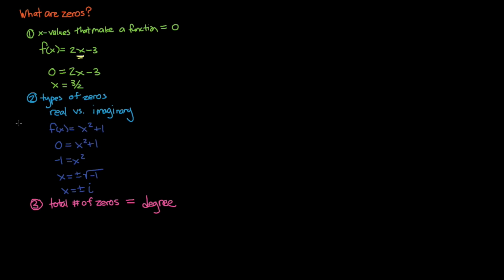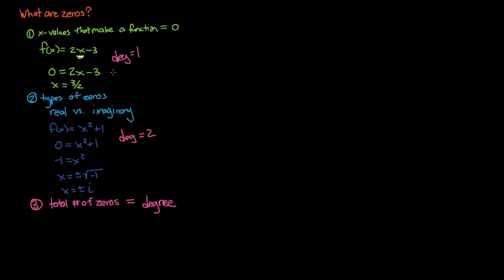So in this function here, the degree equals 2. And over here, the first example, the degree there, we don't write it in, but it's x to the first power, so there the degree would be 1. This would be a linear degree, this would be a quadratic degree, and the total number of zeros will always equal the degree, no more, no less.